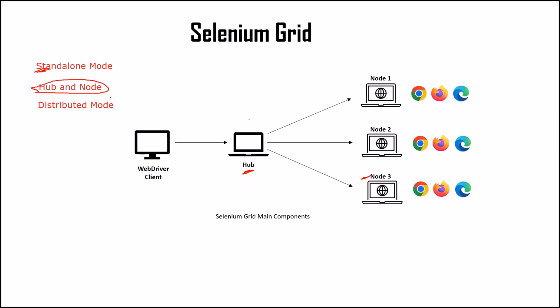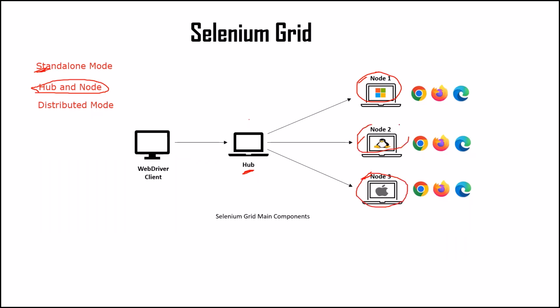So when we set up the Selenium grid in Hub and Node, it means that one machine will act as a hub and another machine will act as a node. In this mode, we can combine different machines together to create hub and nodes to set up a single grid. So we can add different machines in the Selenium grid, like a machine with operating system as Windows, another machine with operating system as Linux, and another one with operating system as Mac OS.